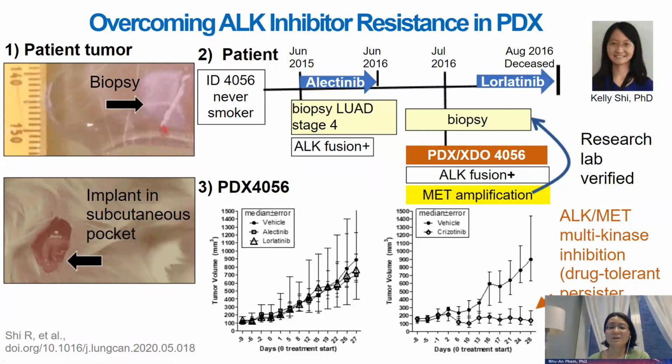So as you can see here, even though clinically at that time they were only doing single gene testing, as you know now, when tumors progress, patients are being biopsied when possible and tested with next generation sequencing for a whole panel of possible actionable genes and also known resistance mechanisms that could be targeted.